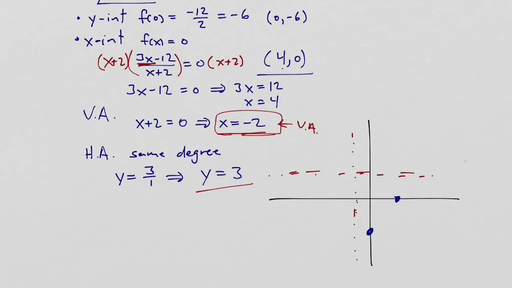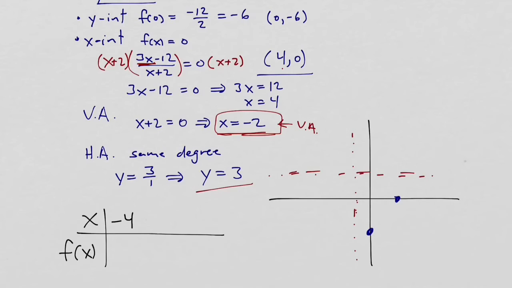So to just be extra careful, let's plot a few more points to find some other key points on the graph. For one, let's start by looking at points to the left of the vertical asymptote. So I can maybe plug in something like negative 4 for x.